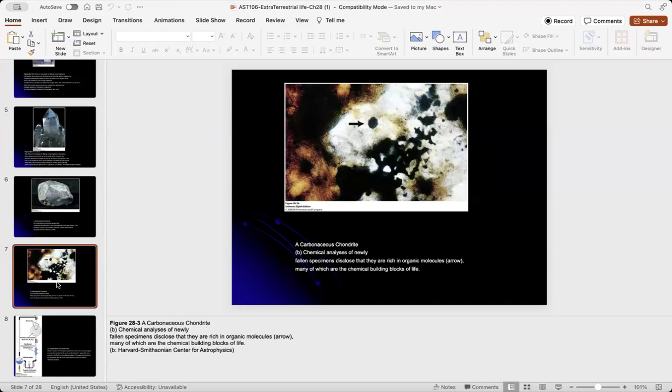This is a close-up of the carbonaceous chondrite, and it points to special parts where those molecules are present. Chemical analysis of newly fallen specimens discloses that they are rich in organic molecules, many of which are the chemical building blocks of life.